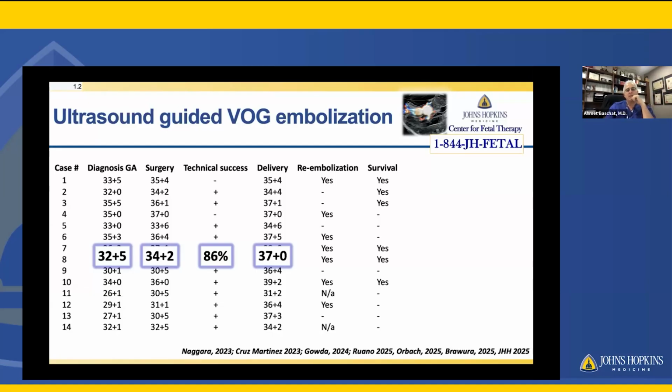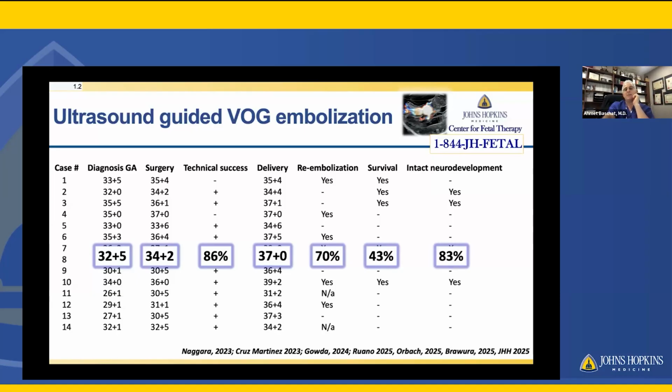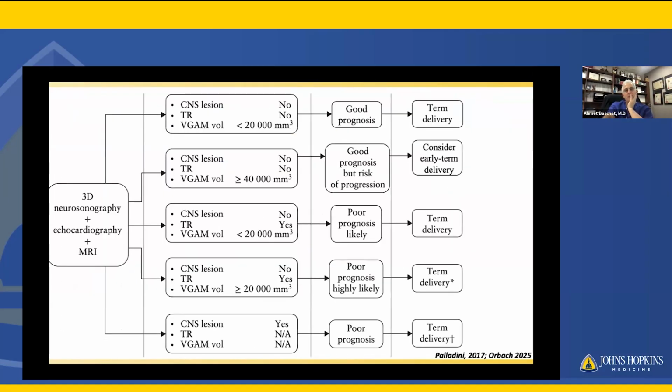The technical success is almost 90%, and the later ones are harder because the fontanelle might actually be a bit smaller. Average gestational age at delivery is 37 weeks. The other important thing is that the majority of cases will require re-embolization using different techniques after delivery. The overall survival is 43%, and the intact neurodevelopment in the survivors is 83%.